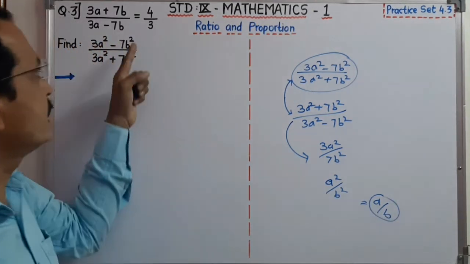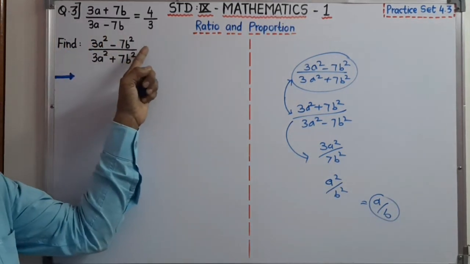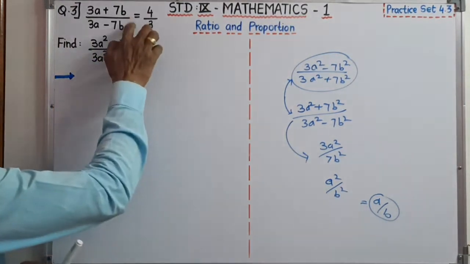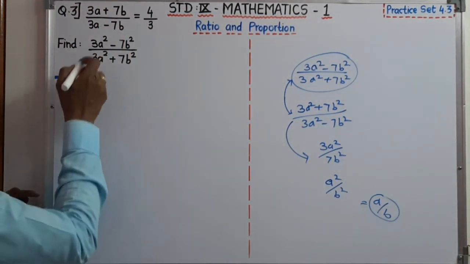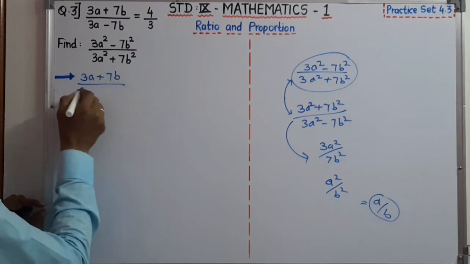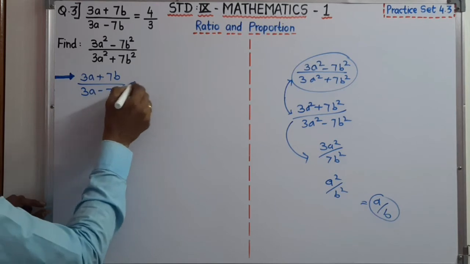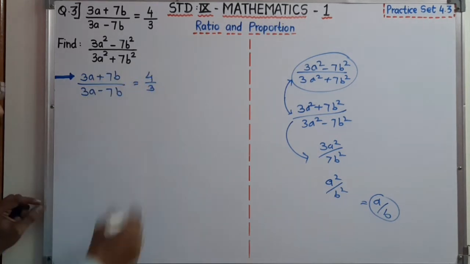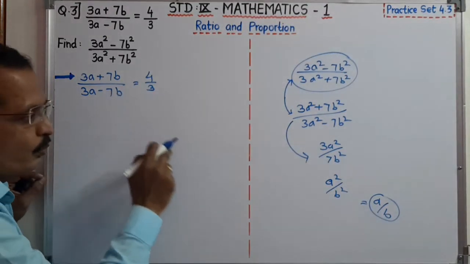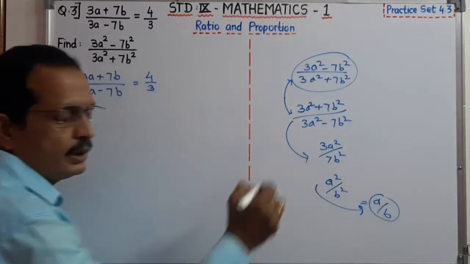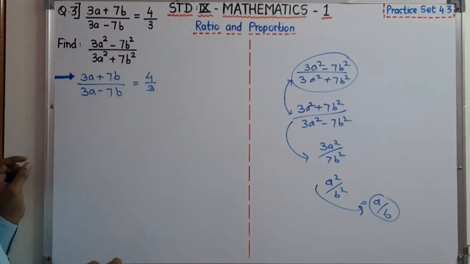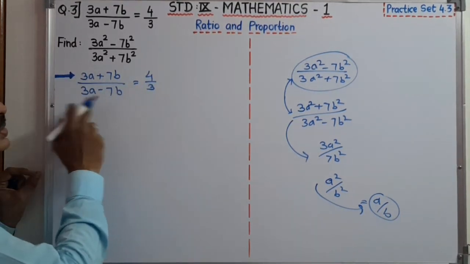That means for getting the value of this ratio, first of all, we have to find out a upon b by given ratio. See dear student, we know that 3a plus 7b upon 3a minus 7b is equal to 4 upon 3. Now dear students, see here, first we required a upon b, and for that purpose I just now told you that here two ratios are given.